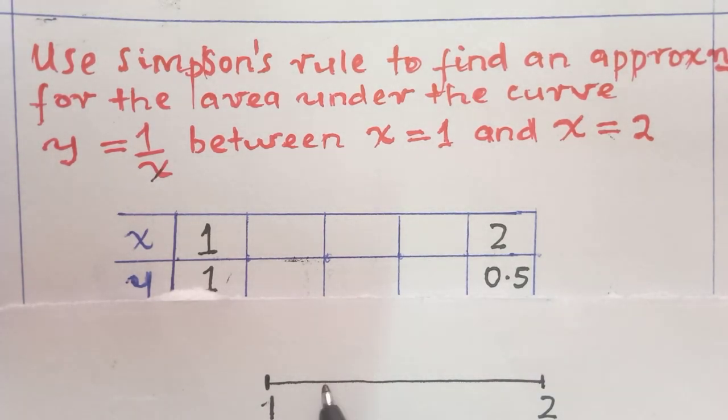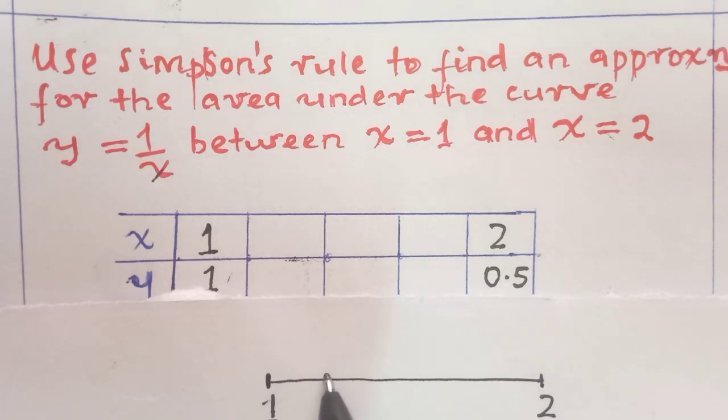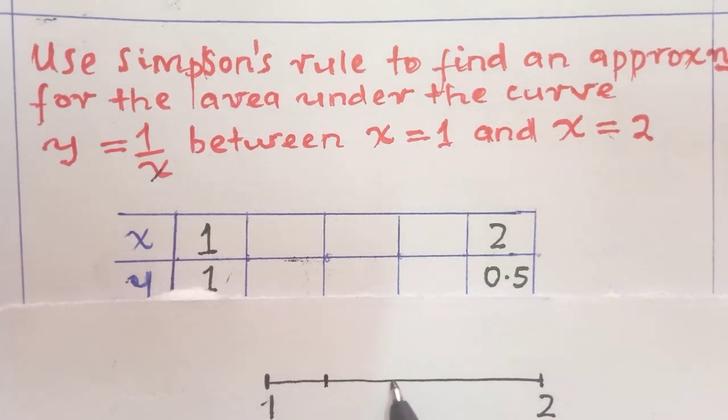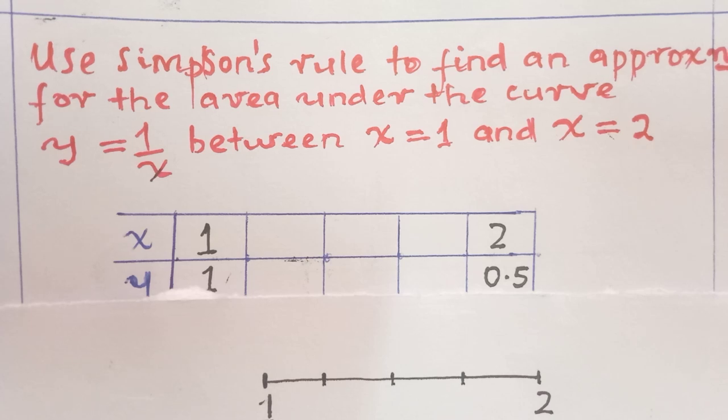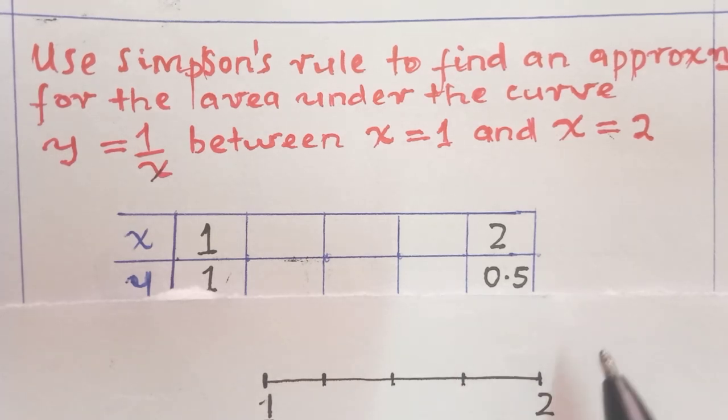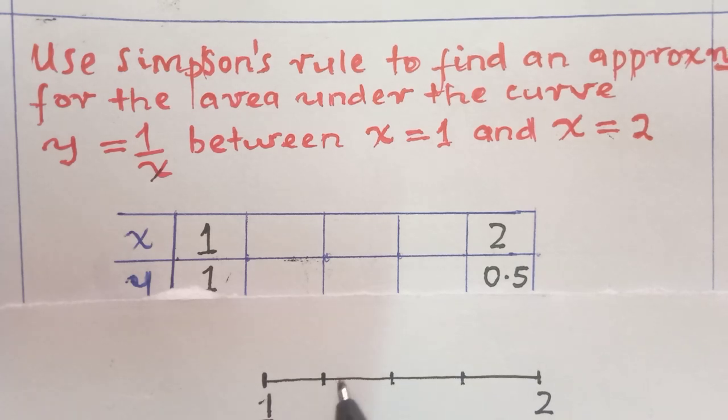If we choose 4, I can put a mark there, another mark there, and another mark there. So you find these are four strips. We shall draw them later in our diagram. To find the values of x from 1 to 2, we divide the distance by 4.